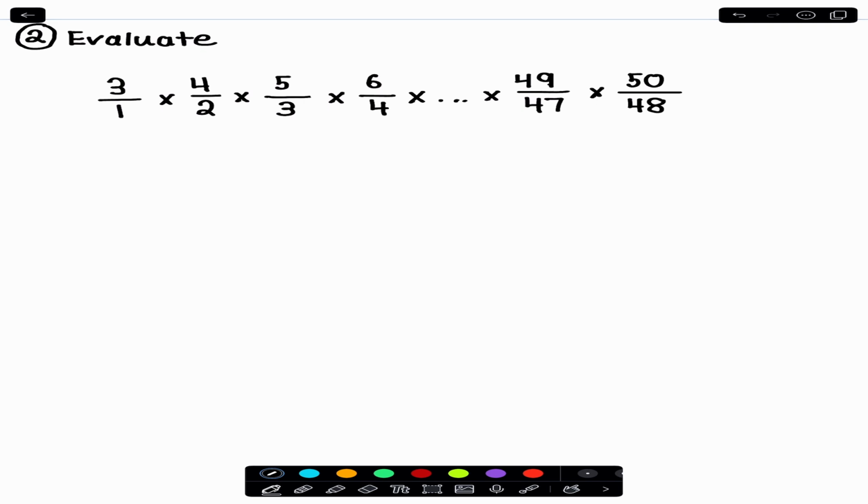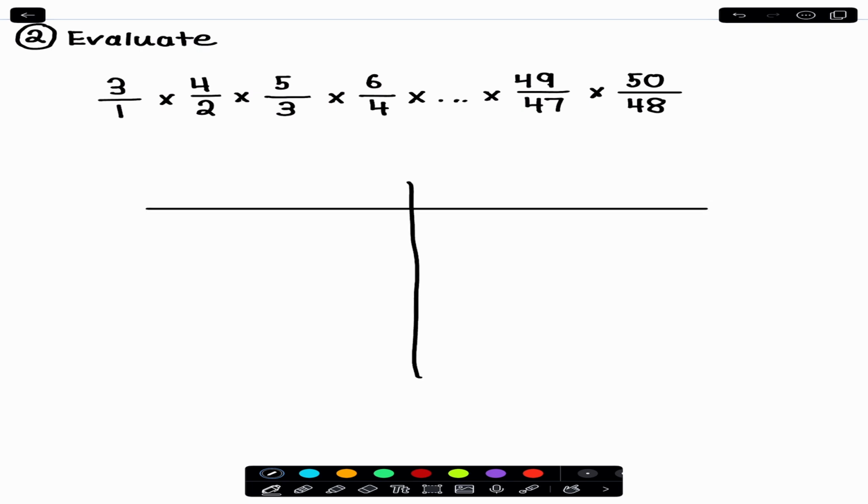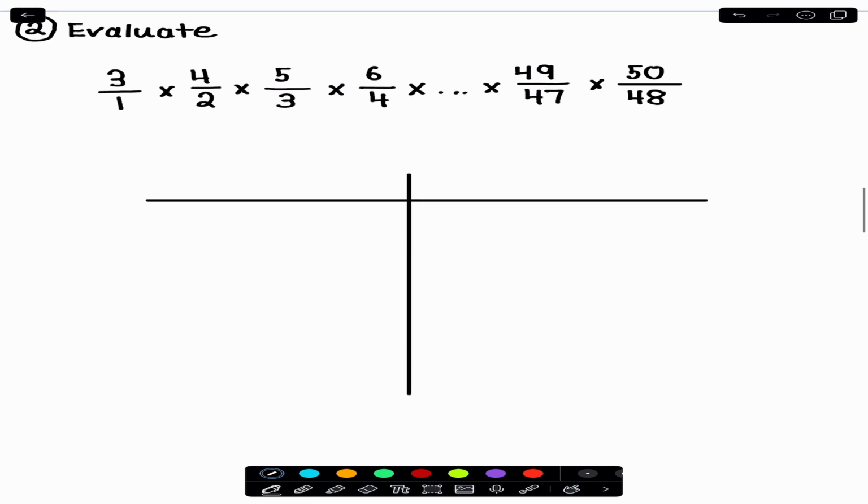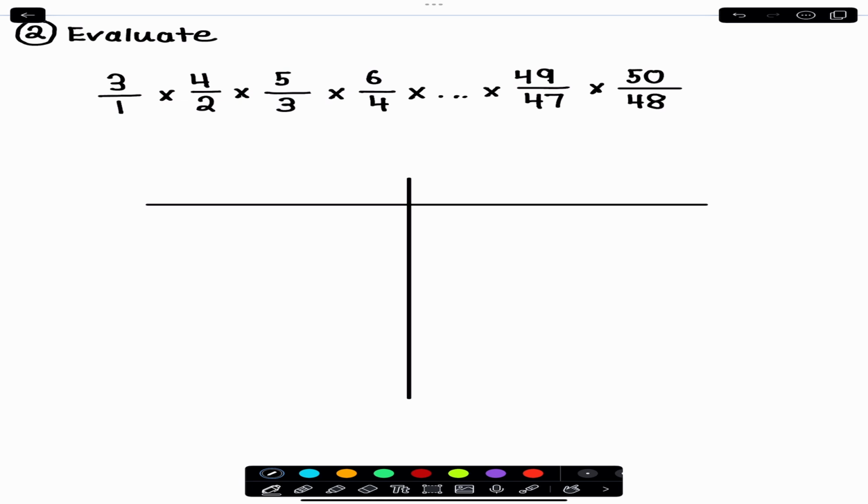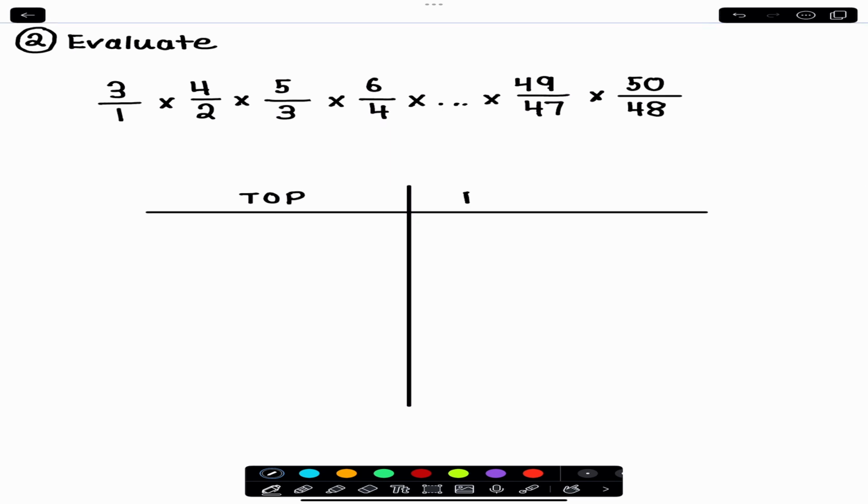So if you're ever confused on how many terms you have left, what I do is I just make a simple chart. Over here, let's call this the top numbers. That's really the numerators, but numerators is too long, so we're just going to call it top.